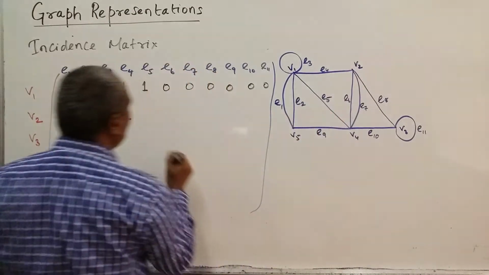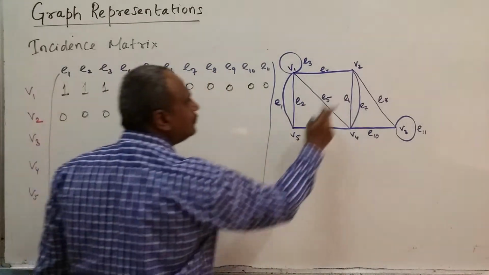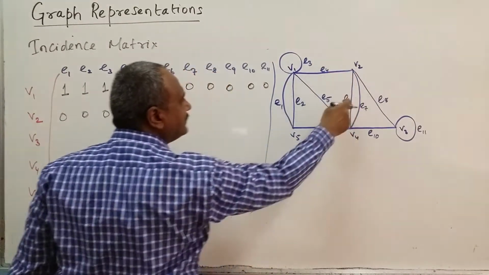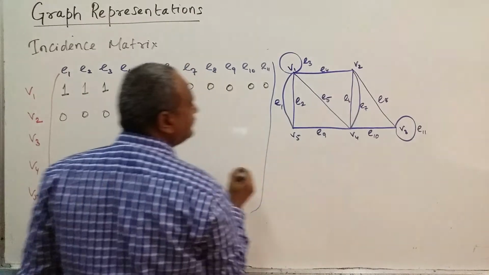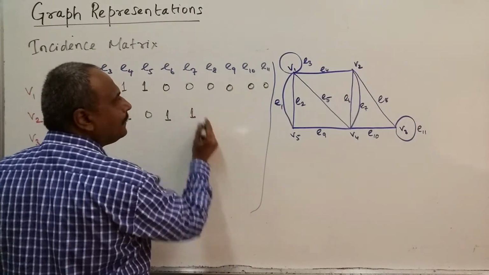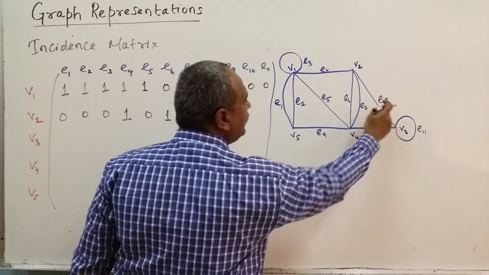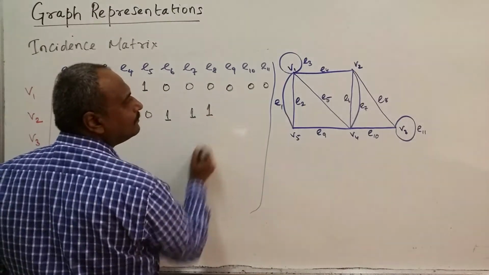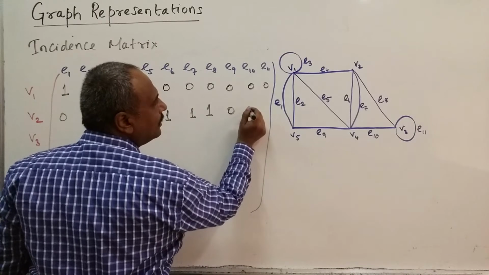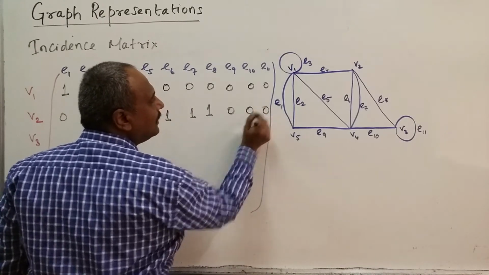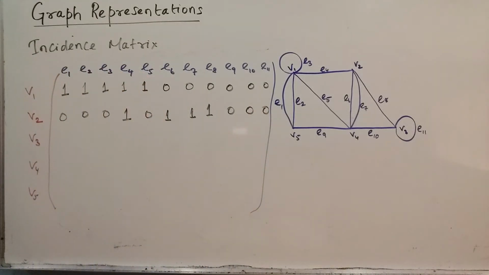V2, E5, no, 0. V2, E6, yes, 1. V2, E7, yes, 1. V2, E8, yes, 1. V2, E9, away, 0. E10, 0. E11, 0.